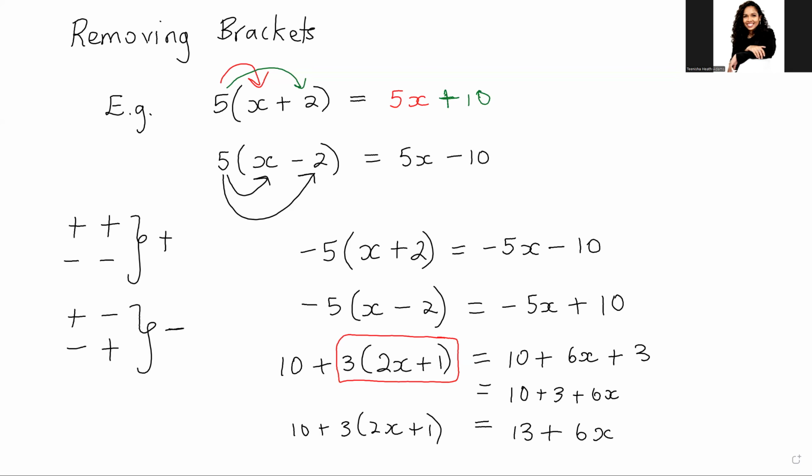Now, sometimes you might see, let's say I had 2 plus 3x take away 1. You see, when you don't have a term directly in front of the bracket, assume that that number is 1, right? So just assume that it's 1.